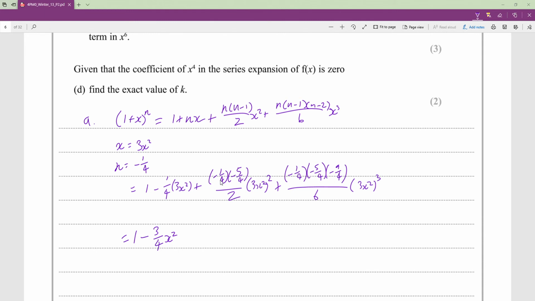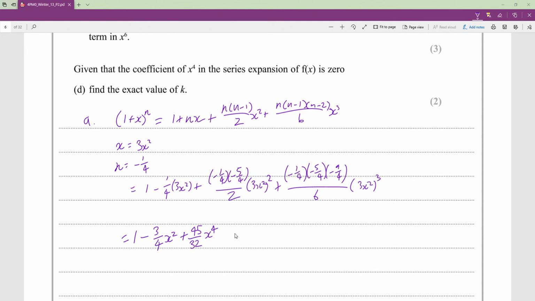That's how I'm going to express the fraction in the bottom. Times 3 squared because of the 3x squared squared, which gets us to 45 over 32, positive 45 over 32, and that's times x to the 4th.